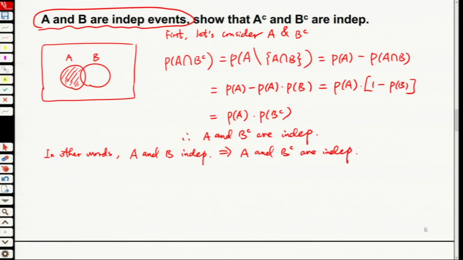So if we are using the same logic, now let's replace. Suppose A is B complement and A are independent. By the same logic, then we can have B complement and A complement are independent.